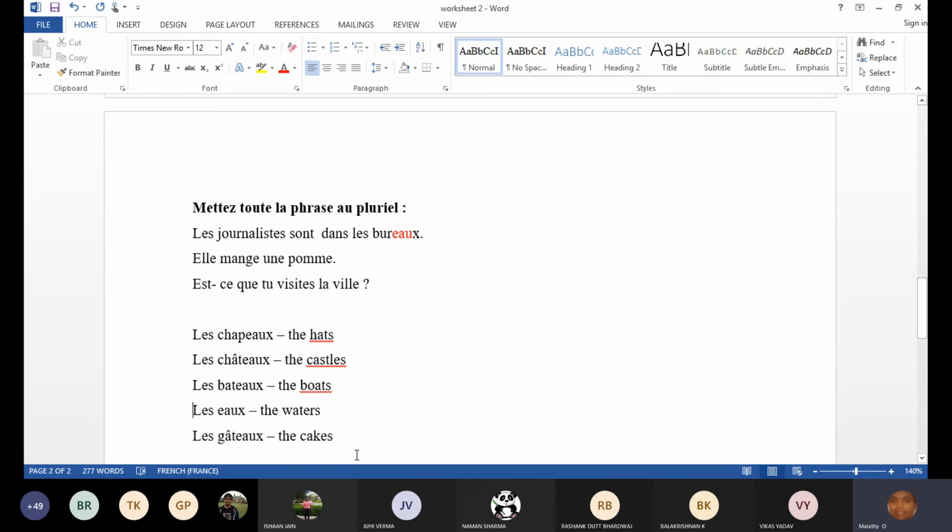So water, we don't have a plural form, just for the sake of applying the rule I'm putting it here. So these are a few words which will take X. So bureau falls under that. So the plural nouns will take an S only if they don't end with this ending, the U ending. Yes, if you remember, the U endings will take X.